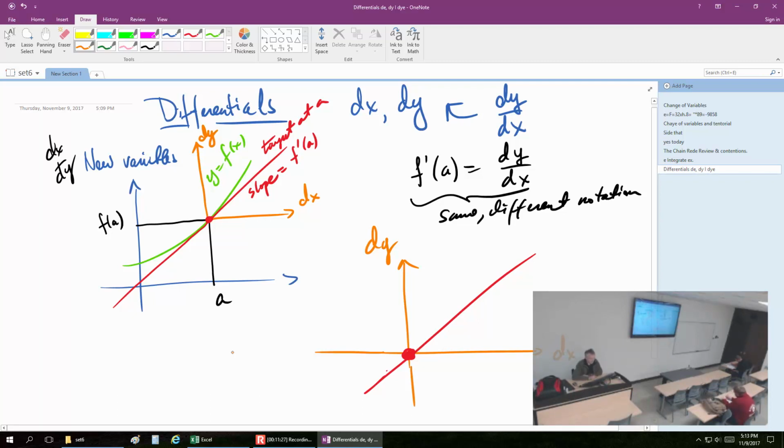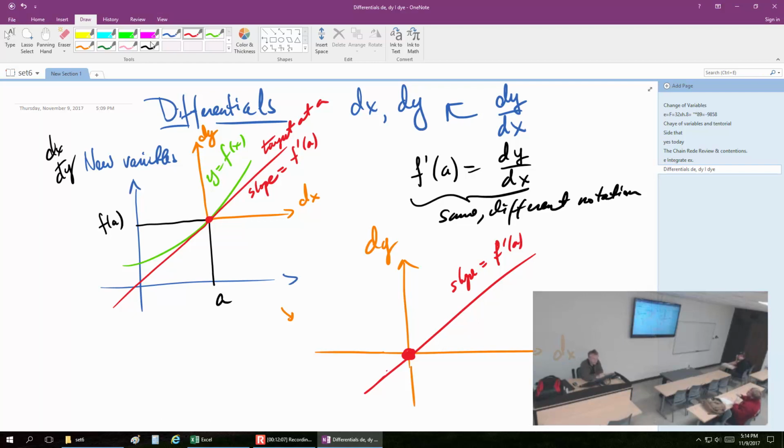So anyway, if the slope is equal to f prime of a, and I move the whole graph to the origin, then the slope is all we need. So let me repeat that. The slope is f prime of a, which is just a number.